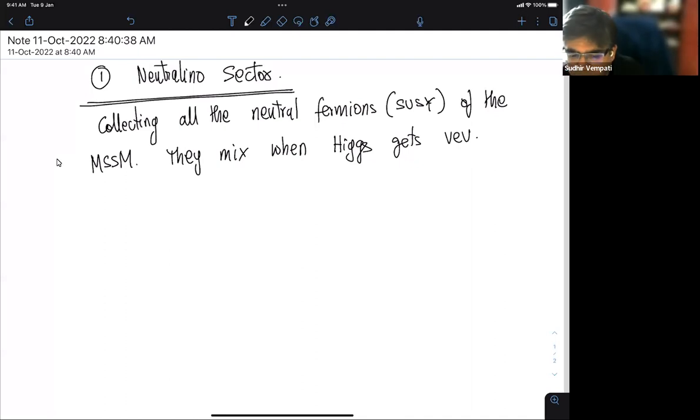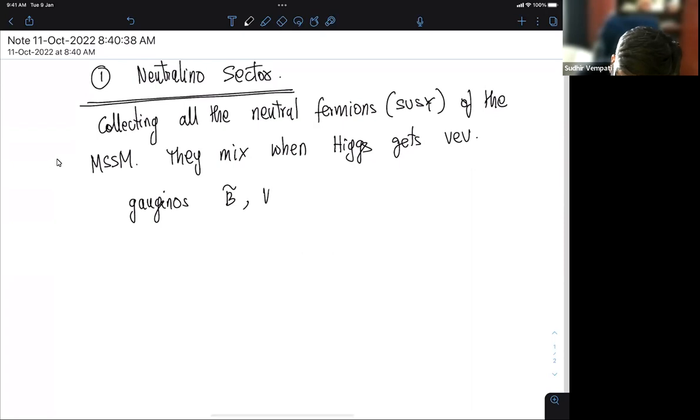So what are the neutral components in the MSSM? These are the neutral components of the gauginos, which are essentially the bino and the wino.